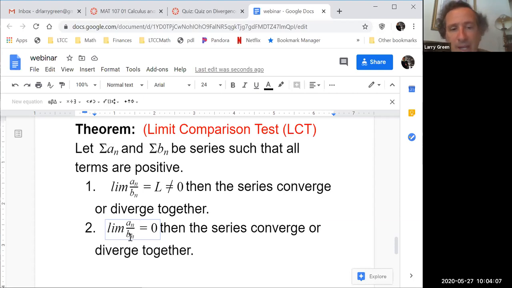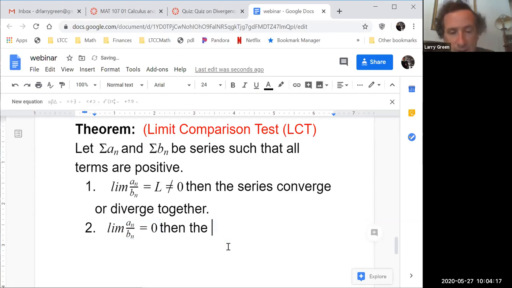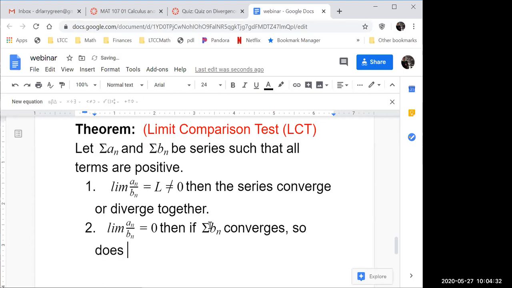Bn is the bigger guy. So if bn converges, then an better converge. So let me fix this. Then if bn converges, so does the summation of an.